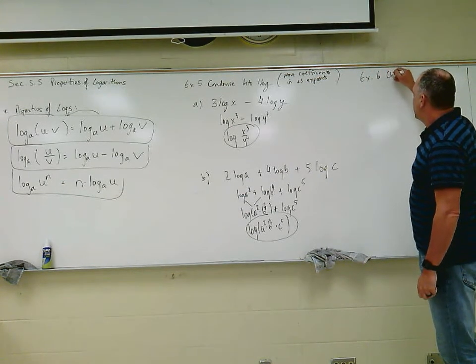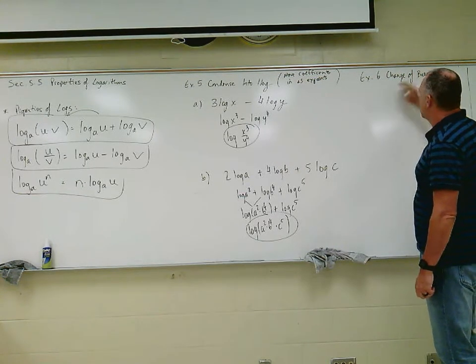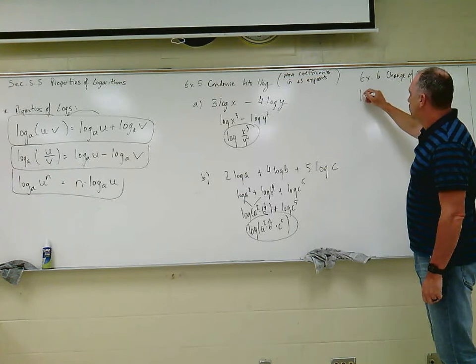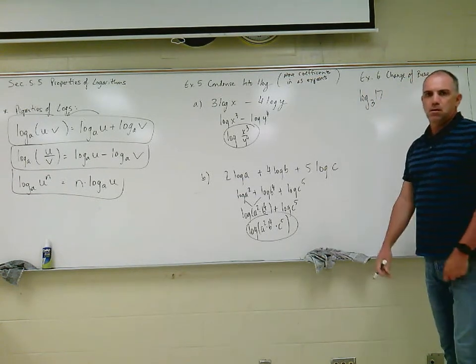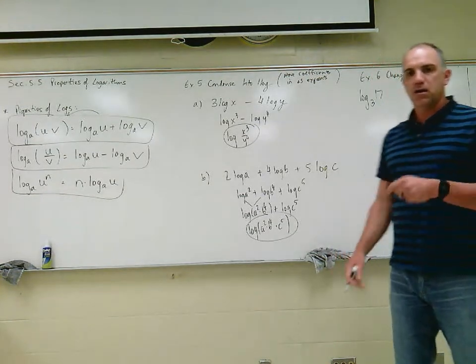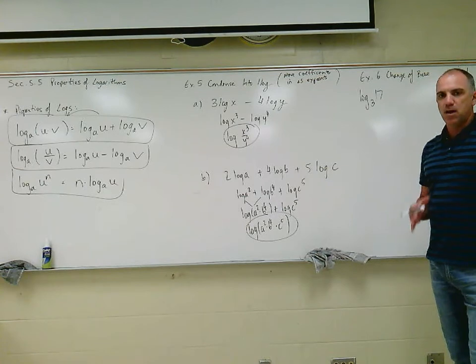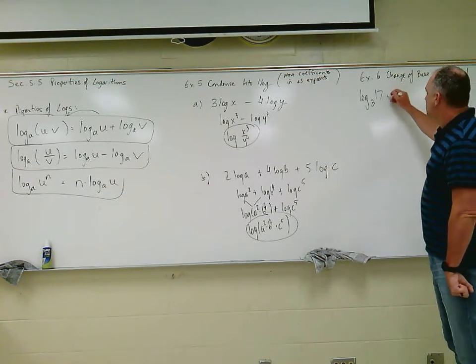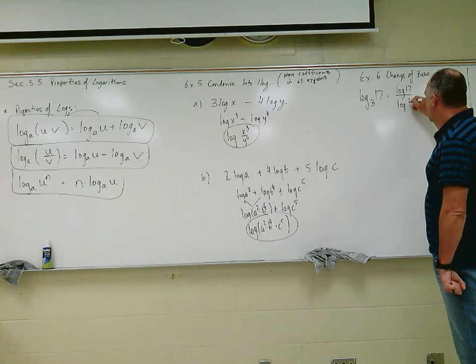The last thing that you're going to get again is the change of base. So you're going to get asked to use the change of base rule, but I've already taught you that. So for instance, if we wanted to evaluate log base 3 of 17, in the old days on our calculator, we didn't have the ability to make it base 3. So remember how change of base works. I can make this log of 17 over log of 3.